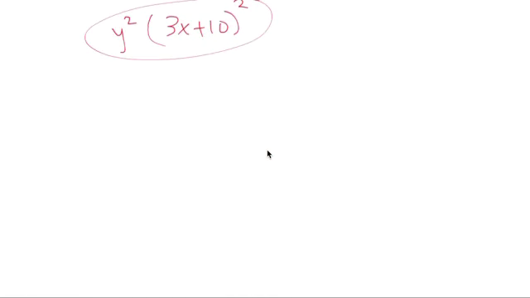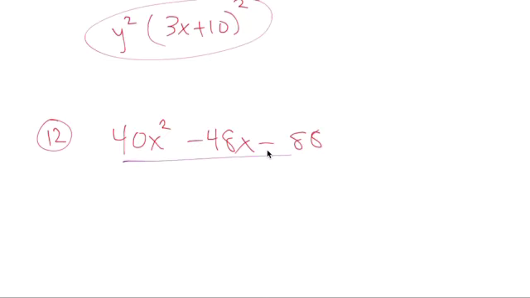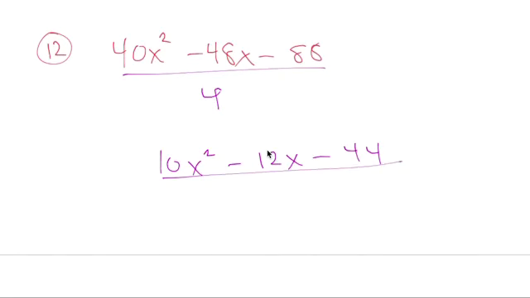Number 12, make sure that you factor out first. By 4, right? By 4, at least 4. 10x squared minus 12x minus 44. Can still factor out a 2. So 8.